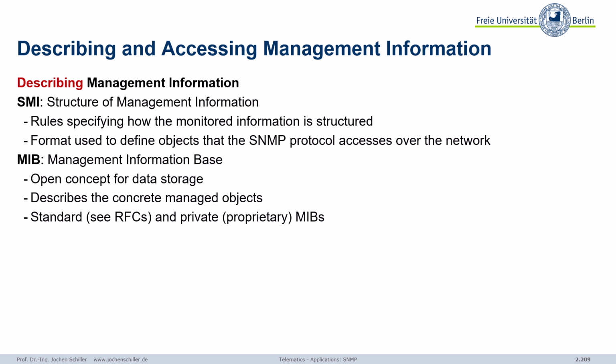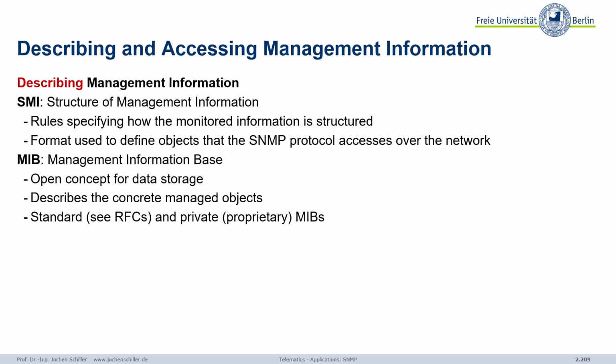Then you need the information base. It's a data storage, and this describes how you store all these so-called managed objects. Managed objects could be the buffer fill space of certain ports of a router. We'll see that there are standards for it, and you can also have private, proprietary management information bases. What does it mean?